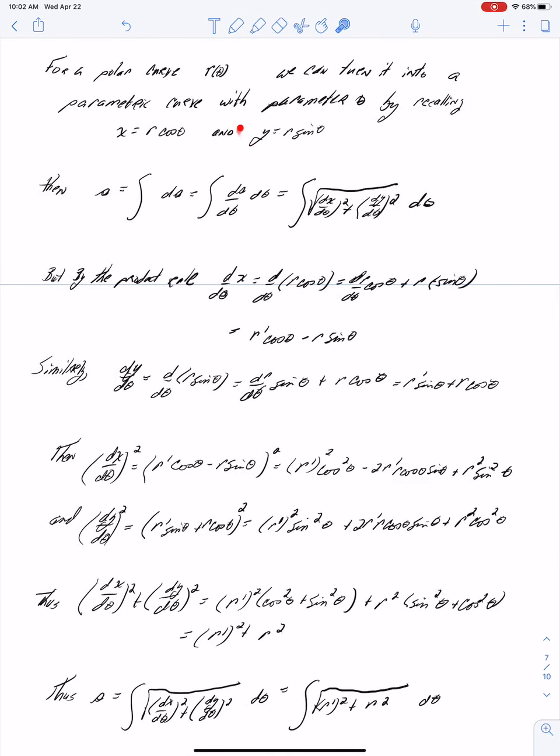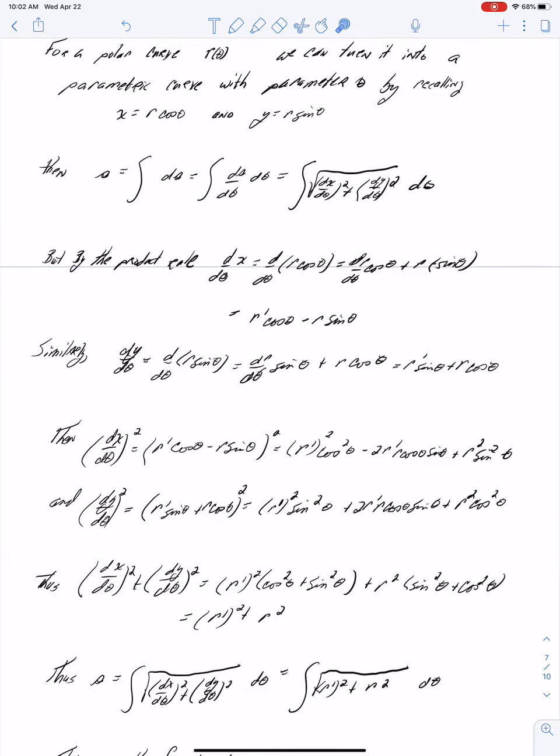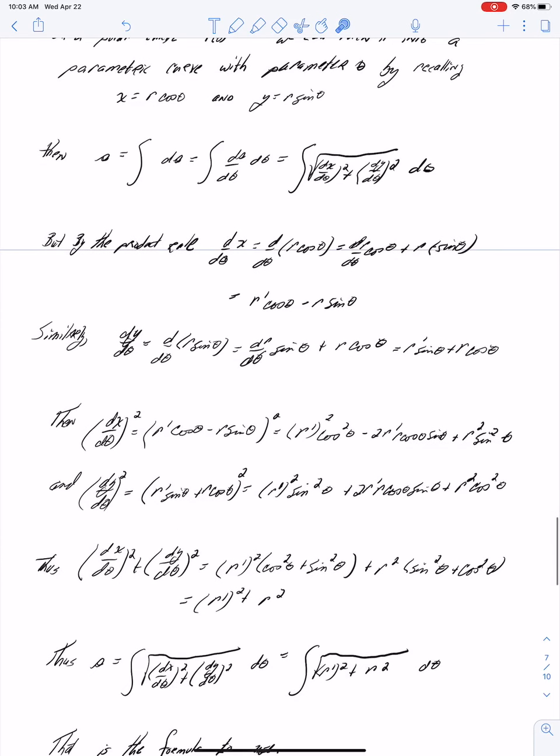I do the same thing for y. y is r sine theta, so dy/d theta is, using the product rule, the derivative of r times sine theta plus r times the derivative of sine theta, which is cosine theta, and we end up with r prime sine theta plus r cosine theta.